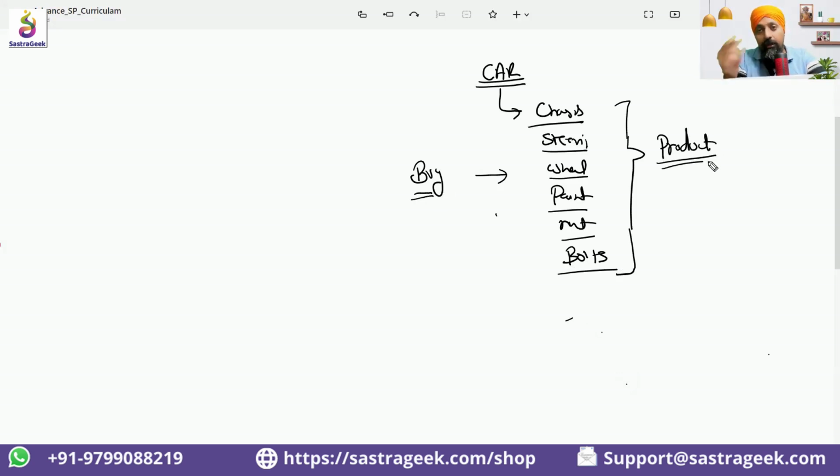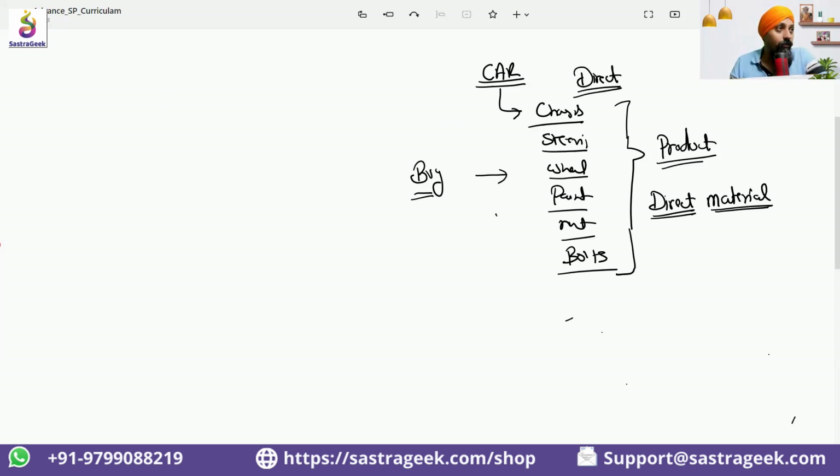When I'm selling my car, the paint is going, doors are going, wheels are going, steering is going, right? It's a part of the product. So these are called direct materials, which are directly associated with my product. It can also be the packaging material which goes with the product. So these are all direct materials.